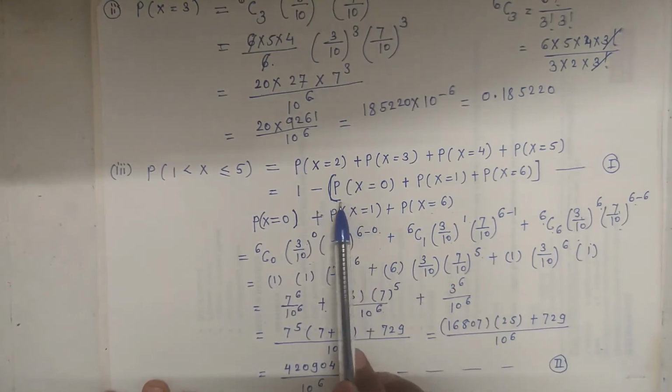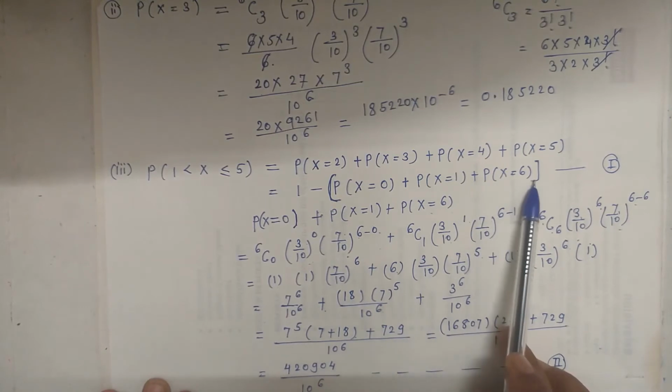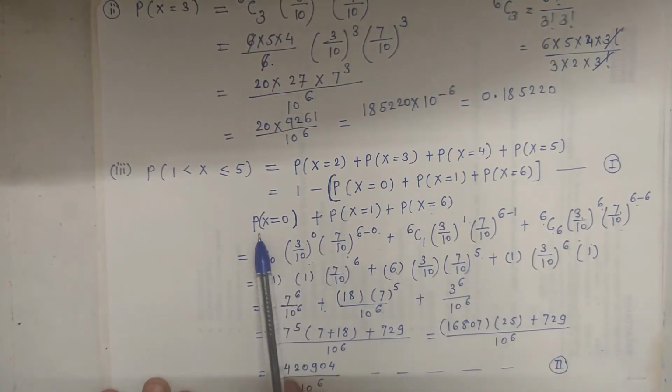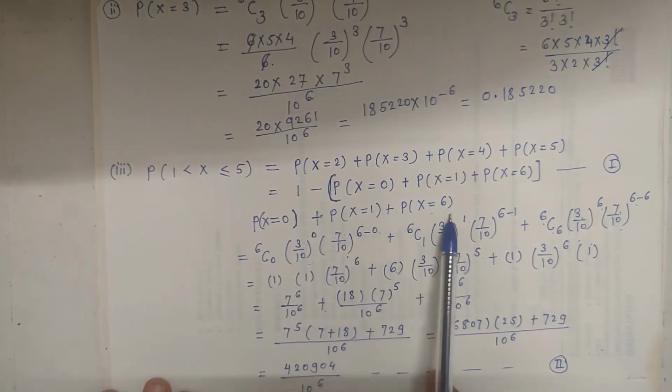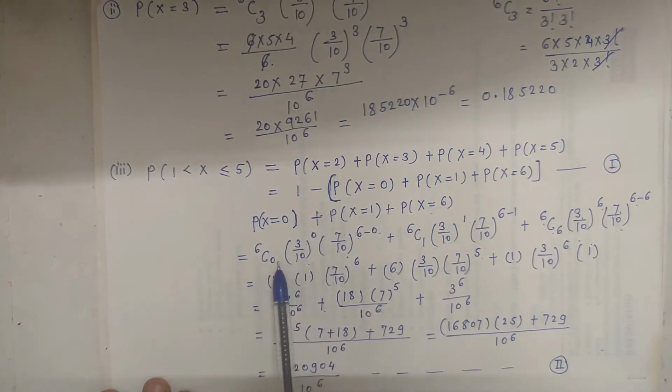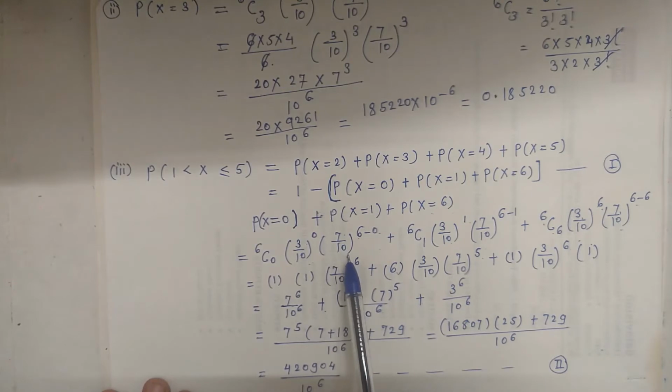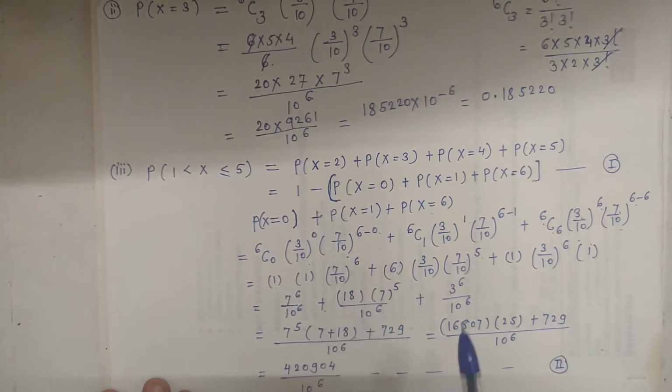Now first we have to find the value of the addition of all these probabilities: the probability for x equal to 0 plus the probability for x equal to 1 plus the probability for x equal to 6. Using the binomial distribution, for x equal to 0 we can write 6C0, where p is 3 by 10, so (3/10) raised to 0, (7/10) raised to 6 minus 0.